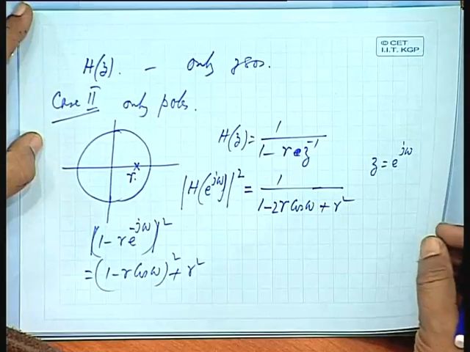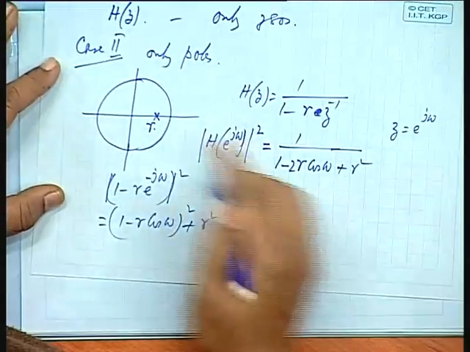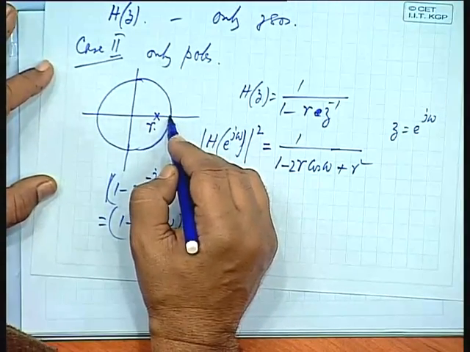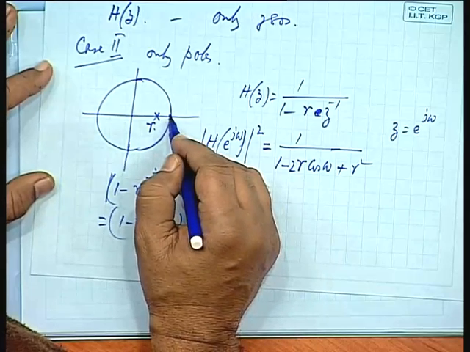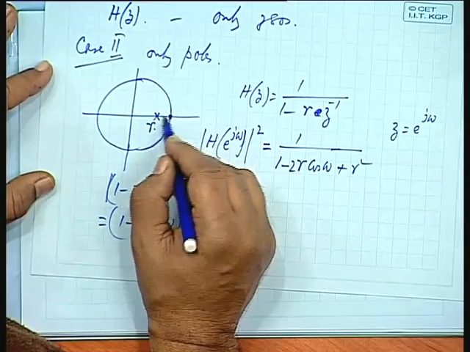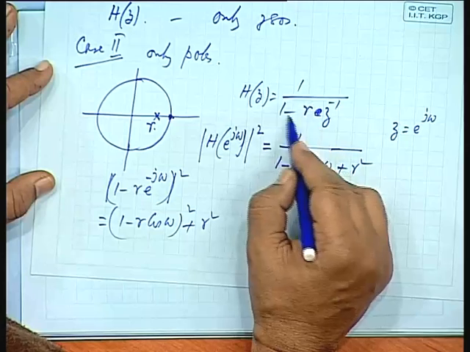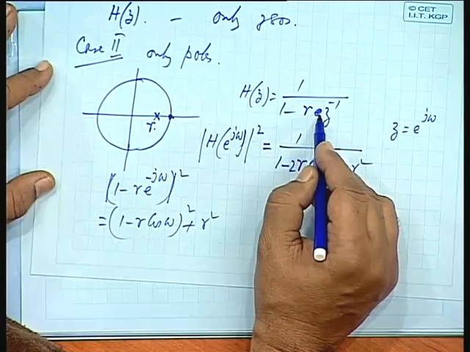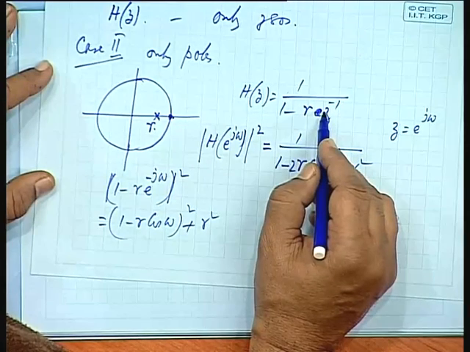So, as we are going along this, when it is coming to ω equal to 0, this distance is minimum. So the distance is minimum, that means the function is maximum at that frequency.